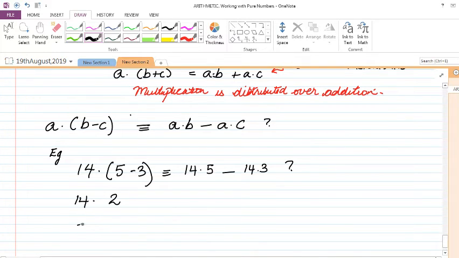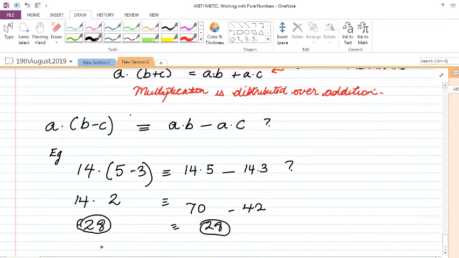And 14 by 2 is 28. 14 by 5 is 70. 14 by 3 is 42. So 70 minus 42 is 28. The same 28 we get here, the same 28 we get here.